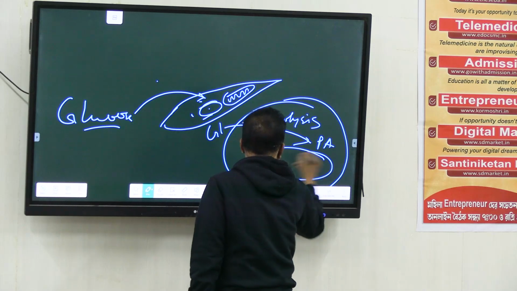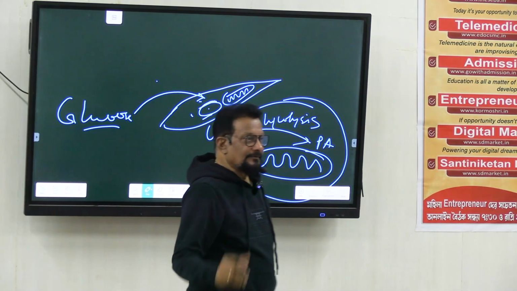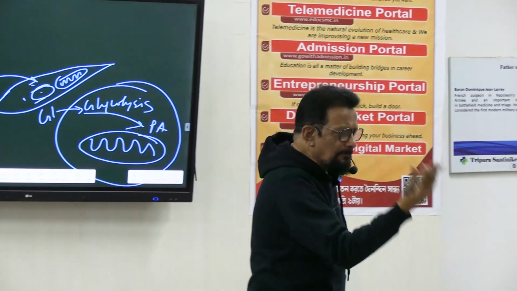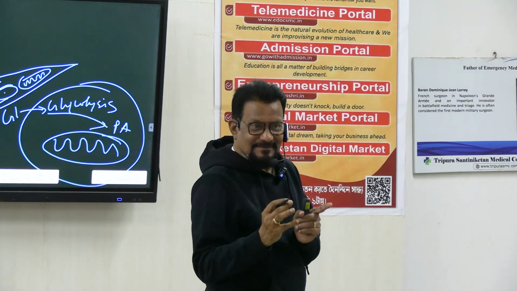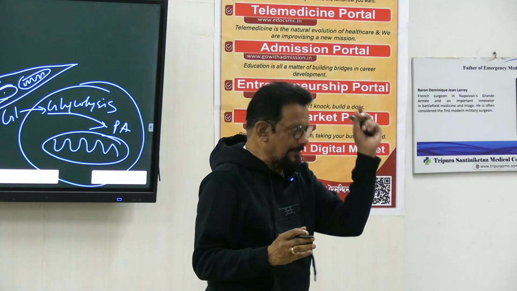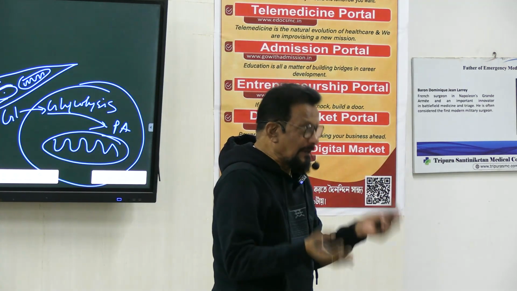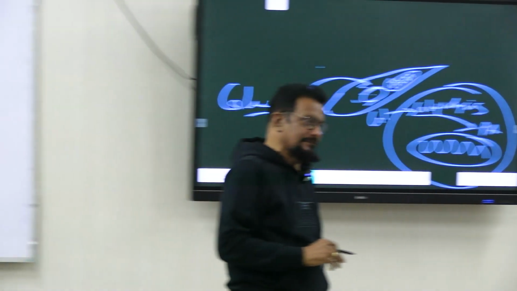Now this pyruvic acid will enter into the mitochondria for further oxidation, because glucose is having lot of energy, only a minimum portion of ATP I got by glycolysis. The maximum amount is retained within pyruvic acid.